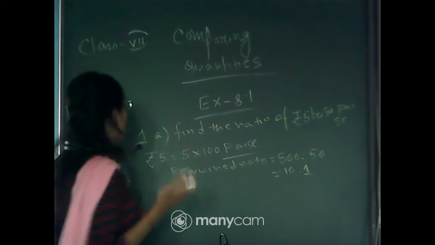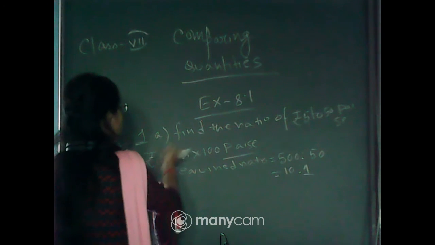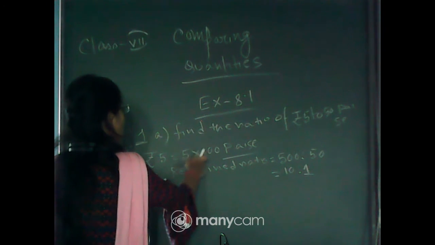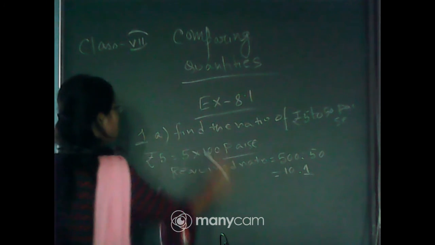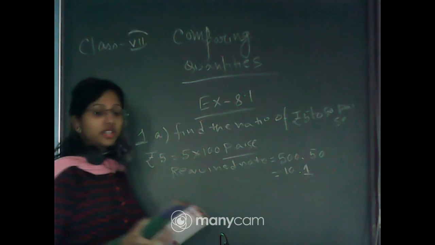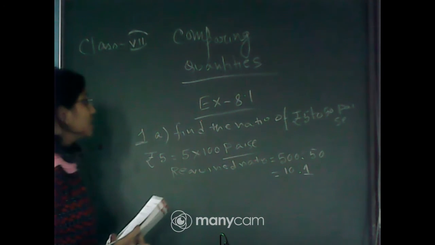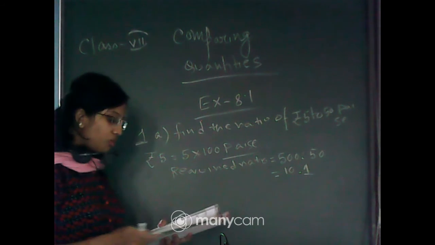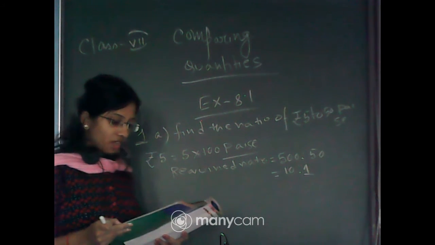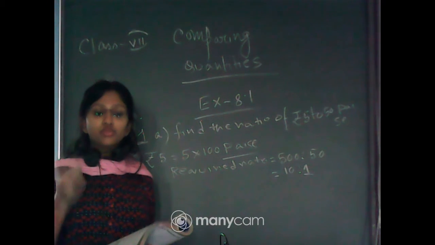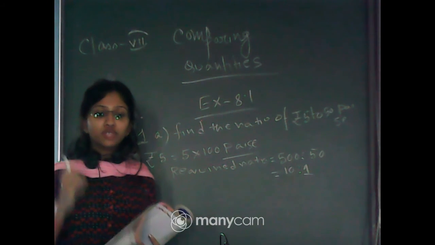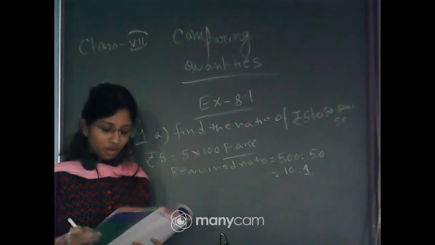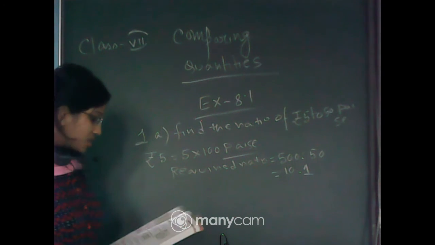Therefore, the required ratio is 500:50. That is equal to 10:1. To compare two quantities, their units must be the same. Okay.